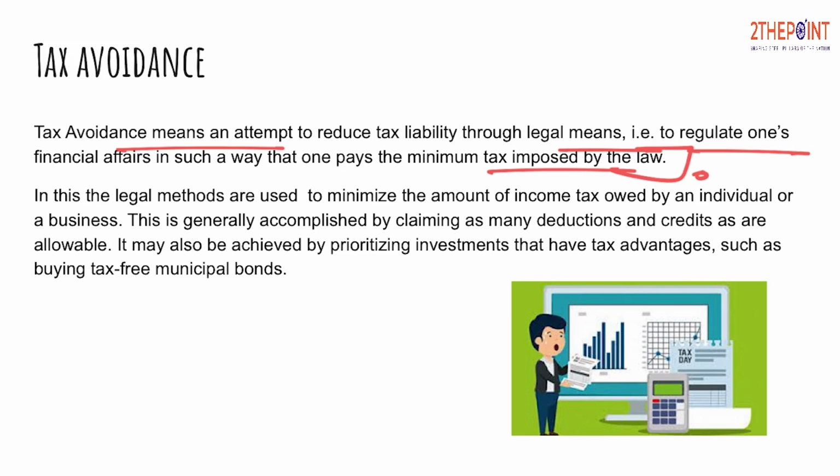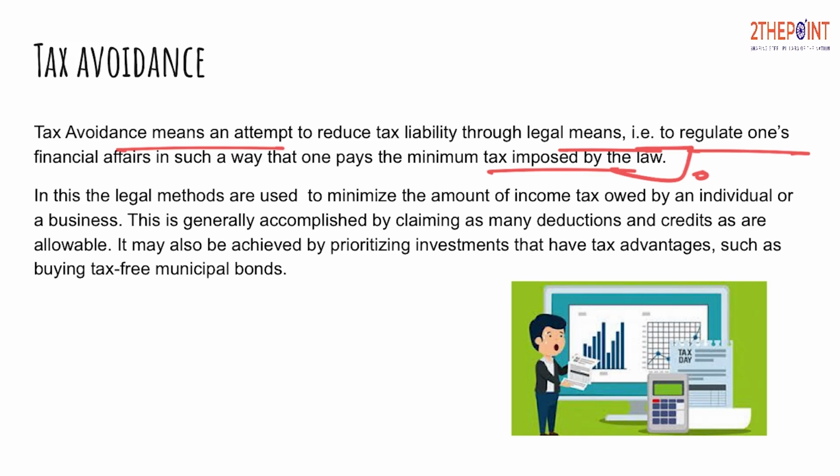For example, we invest money in municipal bonds, or deductions under Income Tax Act sections 80A and 80D, where if you invest or buy government papers or government securities, it is considered tax free and you don't have to pay tax on the money you have spent in buying the government securities.